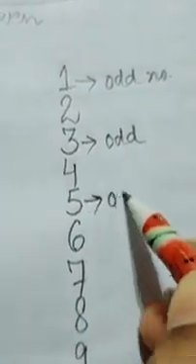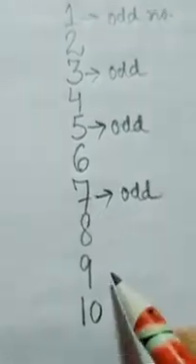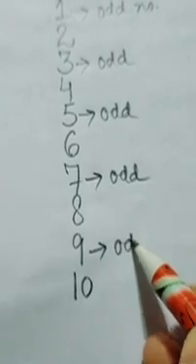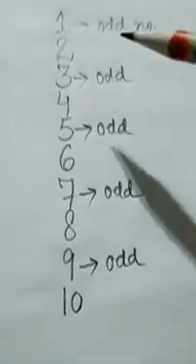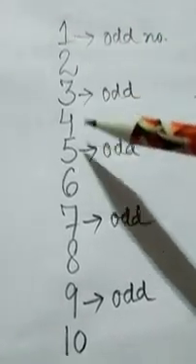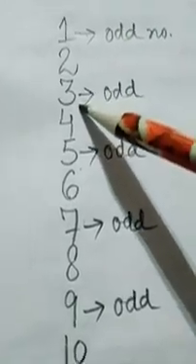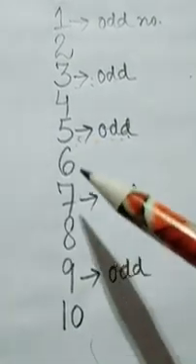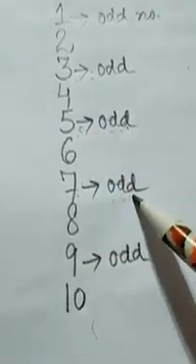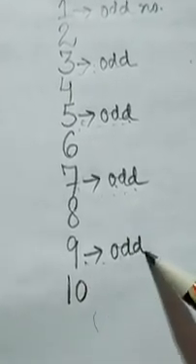The next odd number is 5, next is 7, next is 9, and these will continue. Here you can observe the odd numbers come with a difference of 2. 1 plus 2 is 3, the next odd number is 3. Then 3 plus 2 is 5, then 5 plus 2 is 7, then 7 plus 2 is 9.